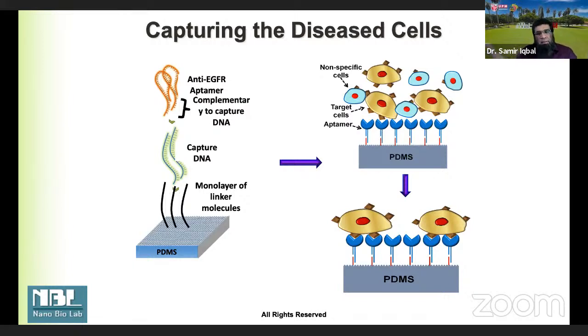It's a very specialized area, and they use a process called SELEX. So we took a known aptamer for binding with EGFR, and that's where we functionalized our chips with nanotexture.